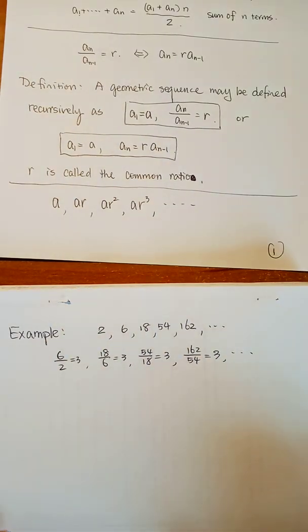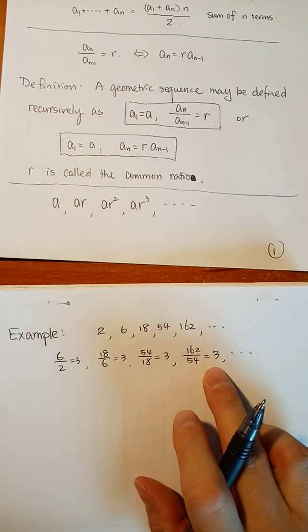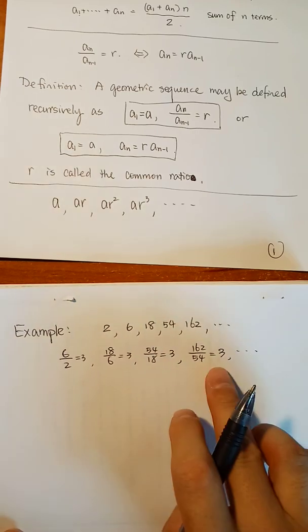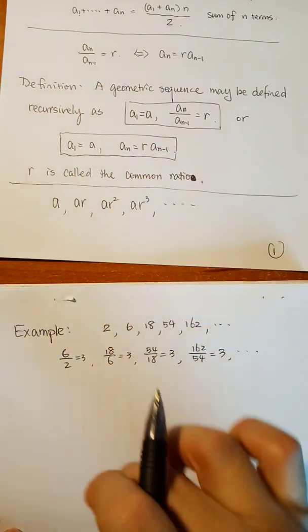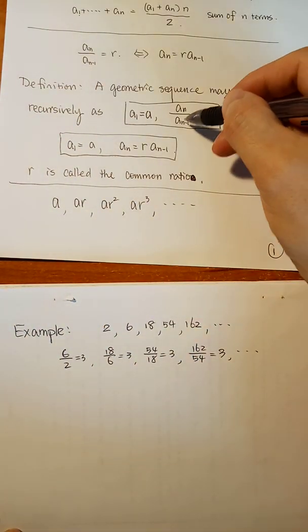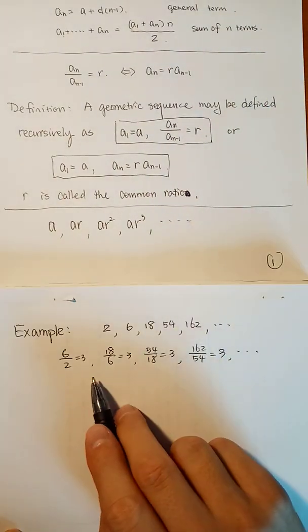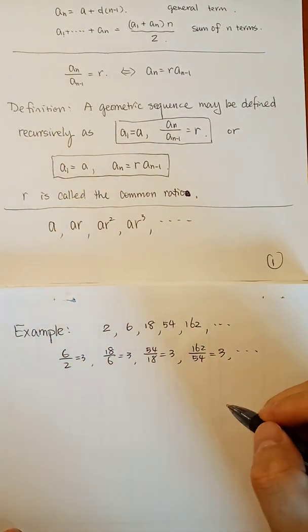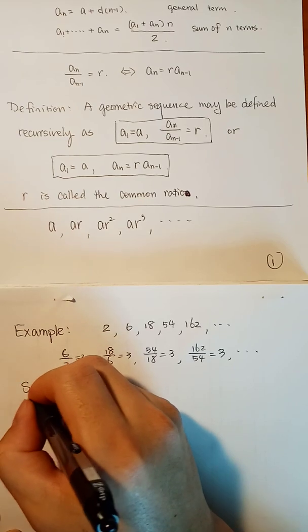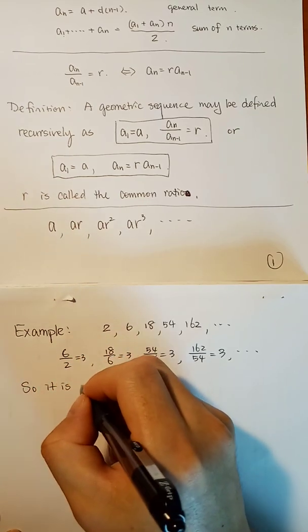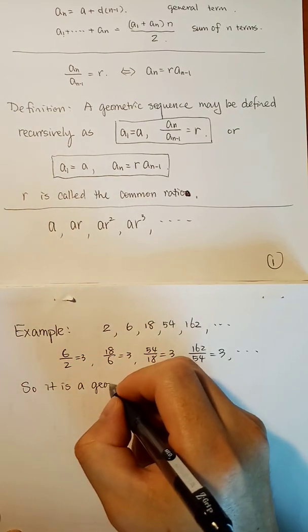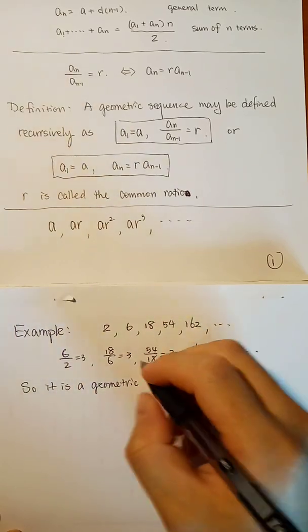Based on the given information, we see that all the ratios, the next term over the current term, are equal to 3. It's a constant, so it is a geometric sequence.